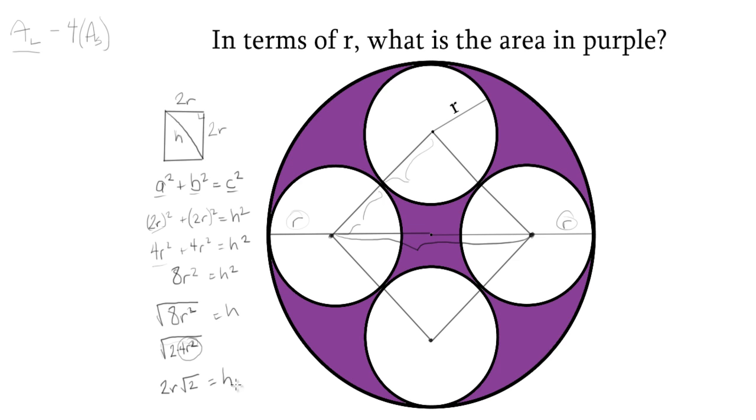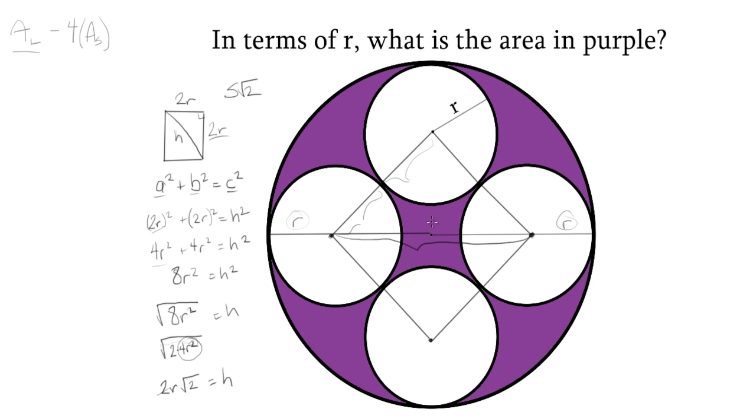For those of you that remember, this is the identity for a 45-45-90 degree right triangle in which the hypotenuse is the side times root 2. And you'll notice that our side is 2r, so 2r root 2 is the hypotenuse.